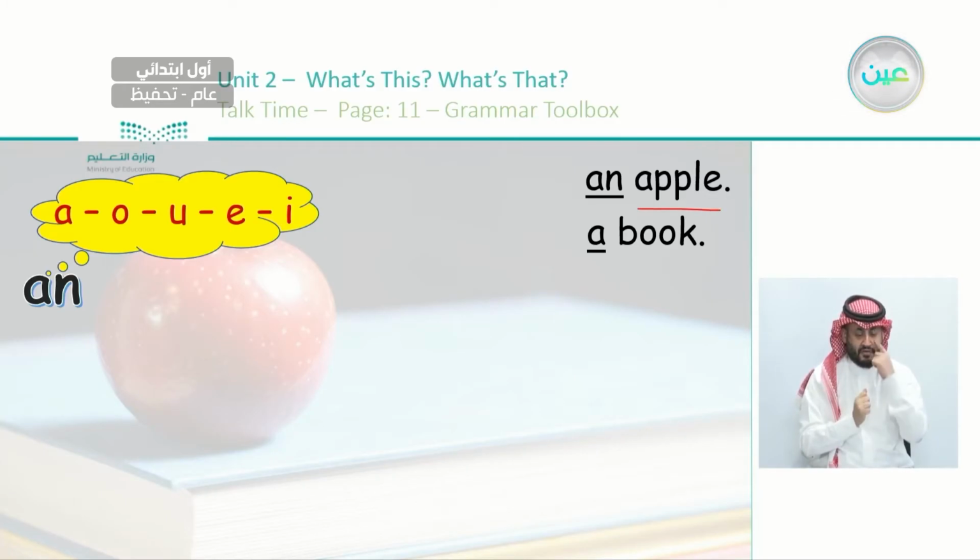It starts with the letter A, and we have A here, isn't it? So if you have A, I will say an. What about book? It starts with B. Is B one of the five letters here? We have A, O, U, E, I. Do we have B? No, we don't have B here.